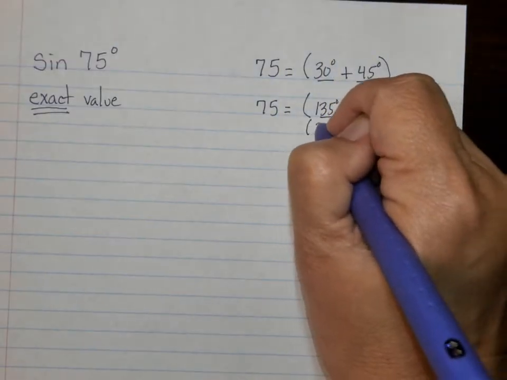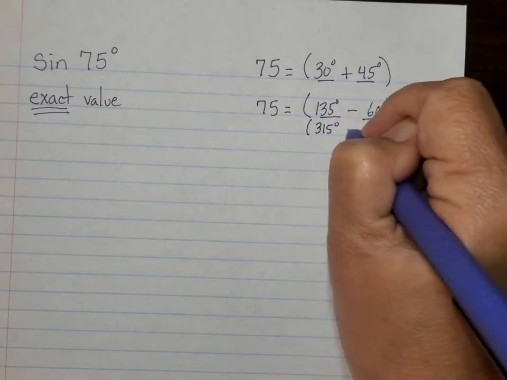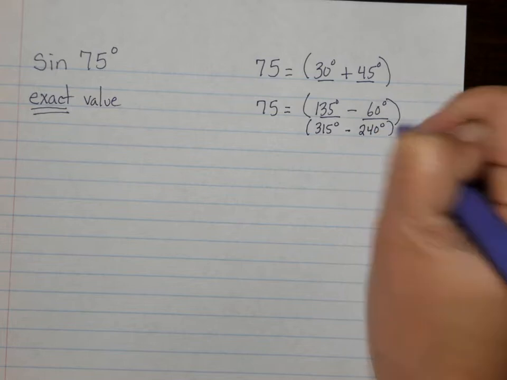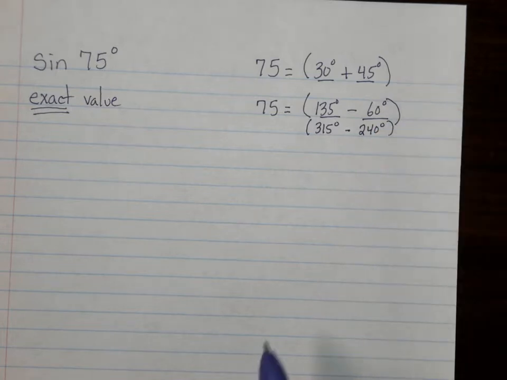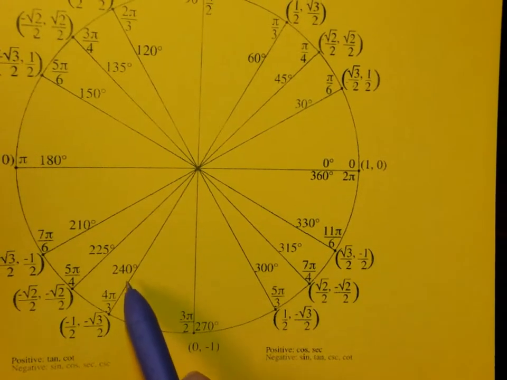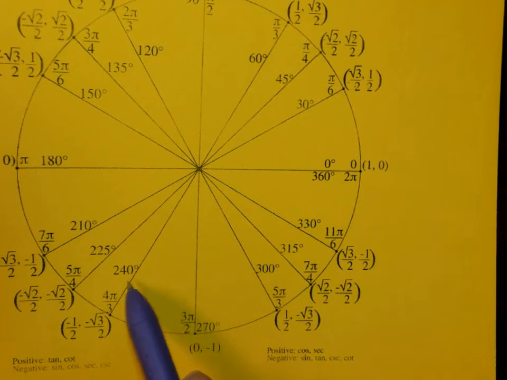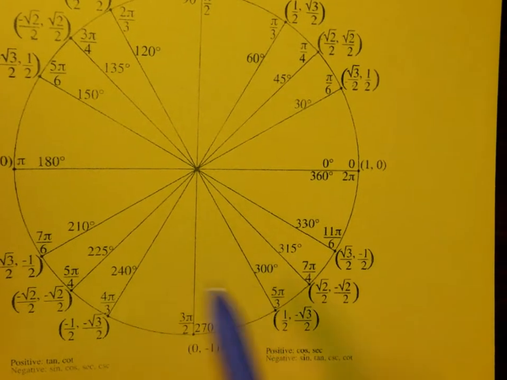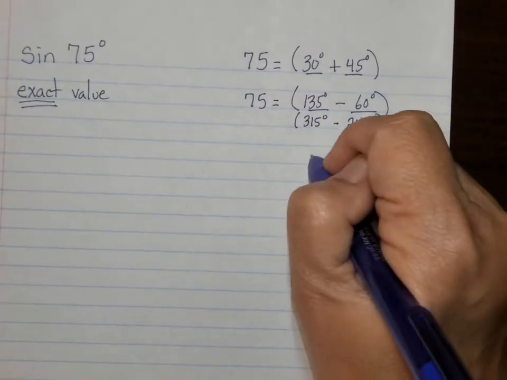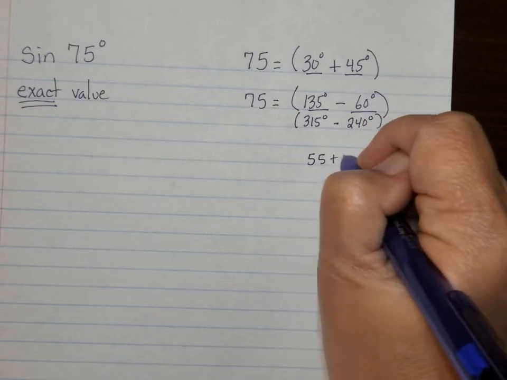Alright, I see 315 minus 240. 315 is on my unit circle. 240 is on my unit circle. That is a difference of 75. That works. Alright, I see a 55 and a 20.